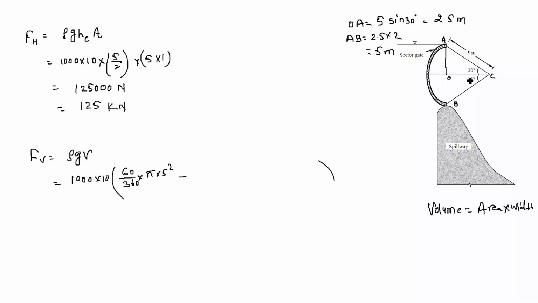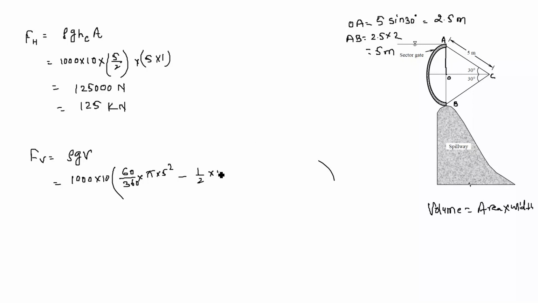The area of the triangle ABC will be half into base into height. The base will be AB, which we have already calculated as 5 meter.